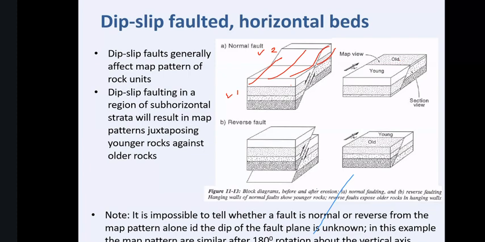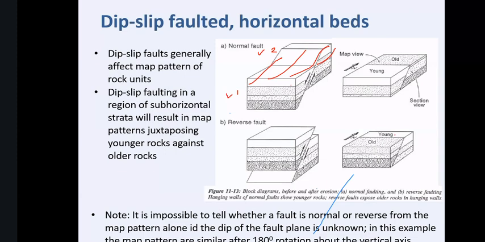But when you're dealing with a reverse fault, because the hanging wall has moved up relative to the footwall, the older rock is juxtaposed against the younger rocks.